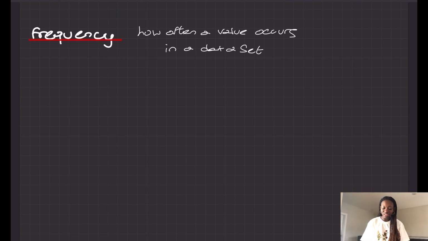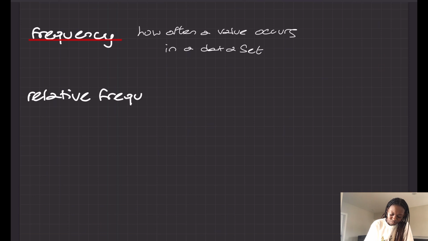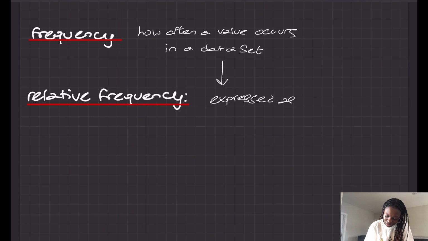And then relative frequency, which we're going to talk about in a tiny bit. Relative frequency. I'm gonna make sure I spell all these correctly. These are tough words. Relative frequency is basically this expressed as a percentage.